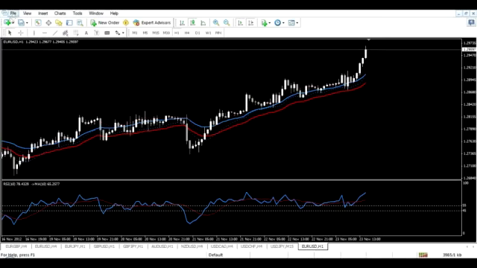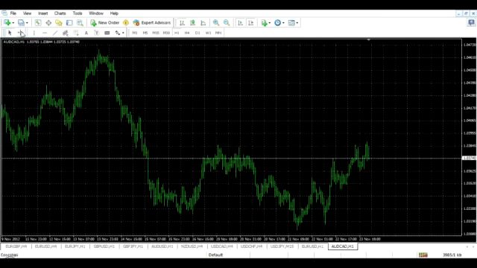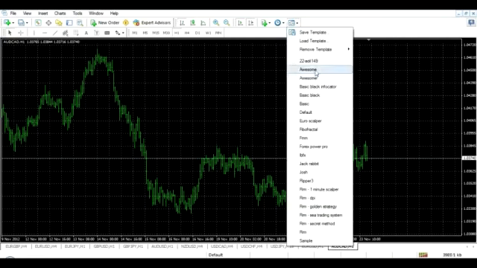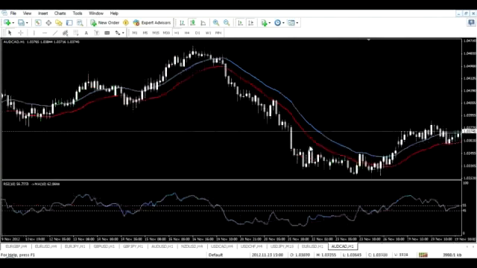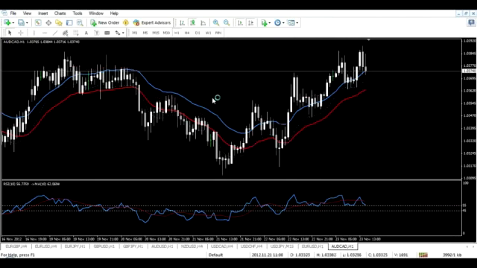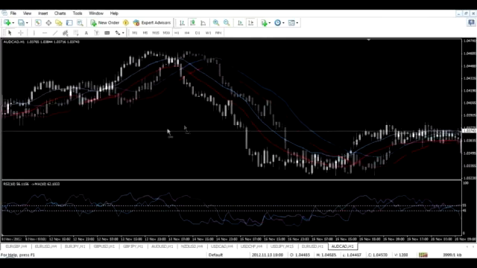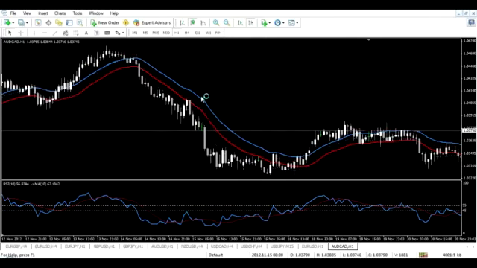Now, when I open a new chart, this is the default chart. Templates, Forex Power Pro. It saves the size, saves the fact it's candles, the magnification, the colors, and the indicators. Everything that you've done is going to be applied to the chart. So this now is the Forex Power Pro system.